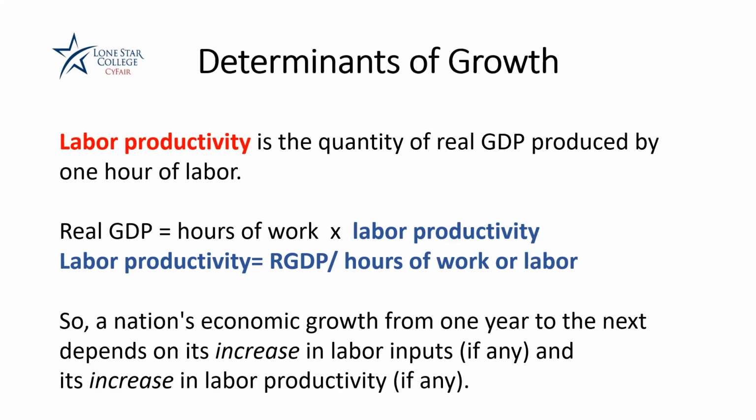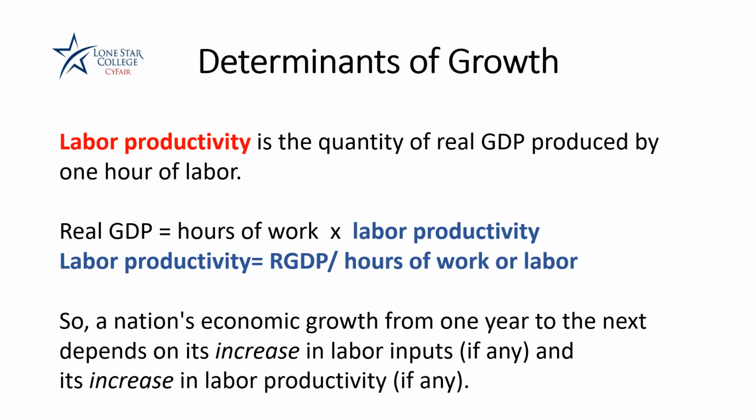Here, we're talking about labor as an important input, or factor of production. So labor productivity is the amount of output produced by one hour of labor. That's the way that we define labor here, okay? And since we're talking about macroeconomics, that output is our real GDP.